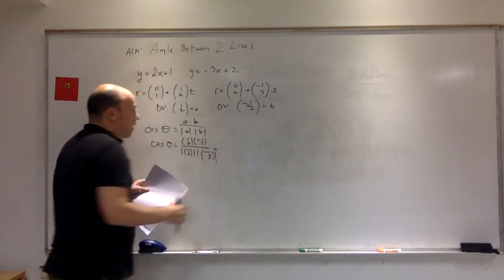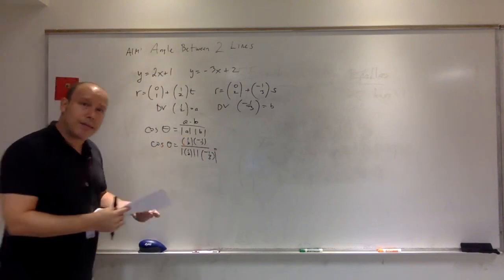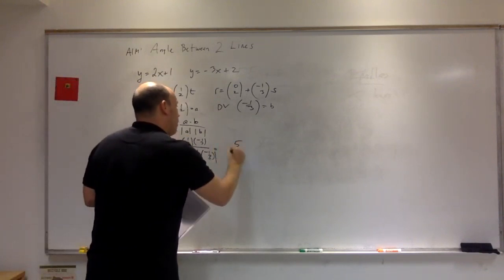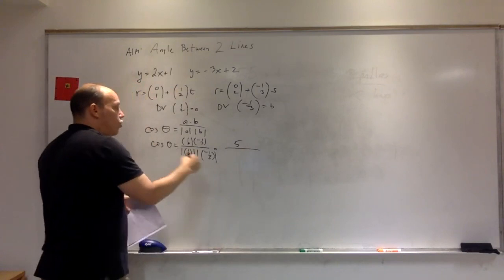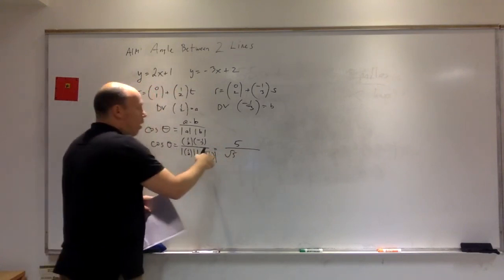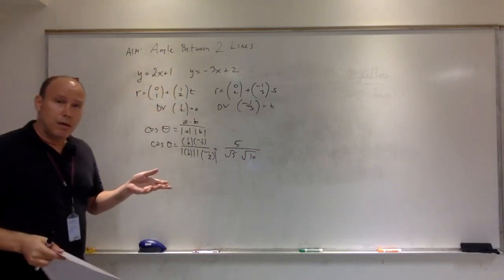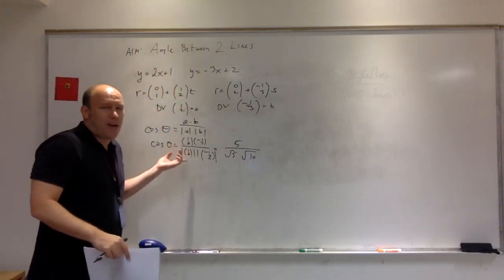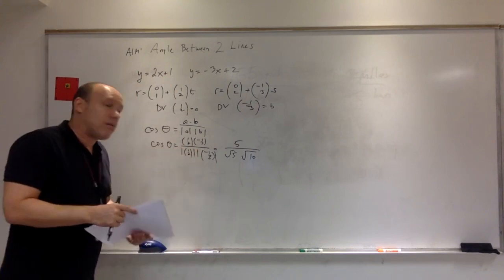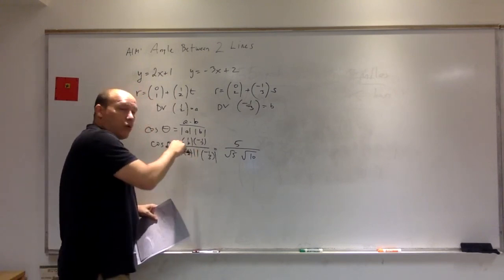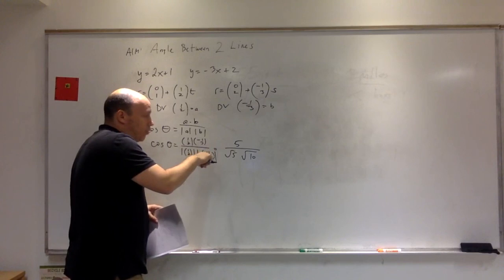Well, let's see if we can figure this out in our heads. -1 plus 6 is 5, over, well, (1, 2), that's radical 5, and (-1, 3), that's radical 10. Remember, you have to know the magnitude. It's just like Pythagoras' theorem, right? So the square root of 1 squared plus 2 squared, times the square root of 1 squared plus 3 squared.